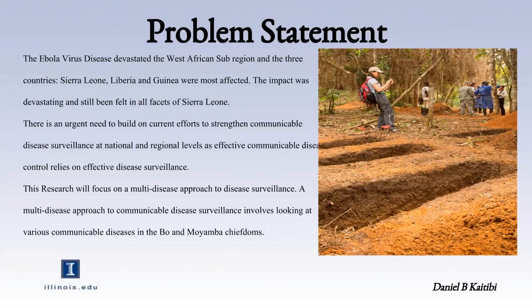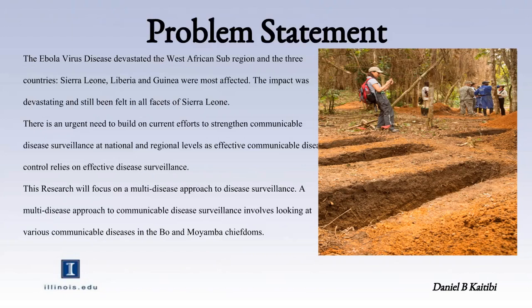A problem. Guys, we all know that we were struck by the dreadful Ebola virus, which basically killed a lot of people. Our health systems were not actually ready for such a major outbreak, and so we were caught off guard. We had to ask for help from a lot of international agencies.